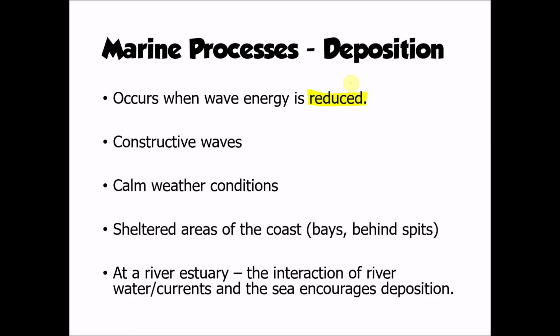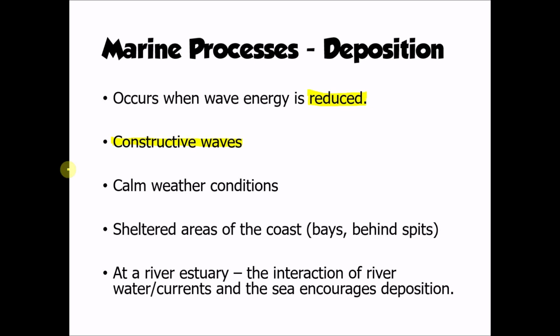And that can happen in a number of different situations and a number of different places along coastlines. The most common is perhaps where we have constructive waves, where we have these low energy waves. They haven't got the energy to carry large amounts of material, so much of it will be left deposited on the beach.